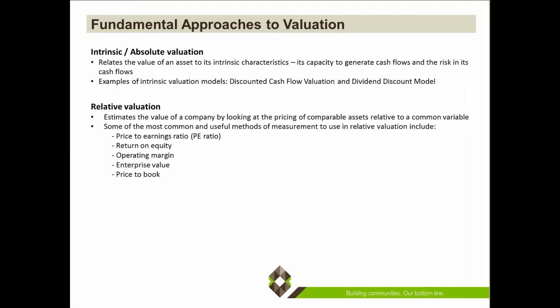And that is what we've been going through the past couple of slides. What are the characteristics of a company and what is its capacity to generate cash flows, and then also the risks of the cash flows. Examples of intrinsic valuation models are the dividend discount model and the discounted cash flow valuation.